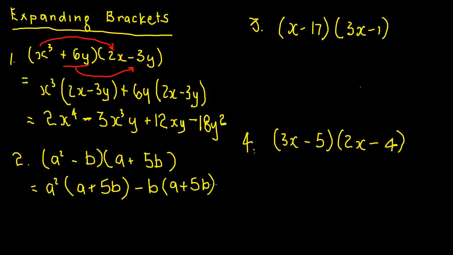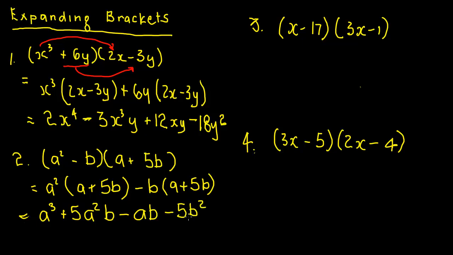Now if we multiply that out, we get a squared times a is a to the power of 3, plus 5a squared b. Now I'm just rearranging the terms in order as I go. Minus ab, note that it's minus, and then it'll be minus b times 5b is minus 5b squared.